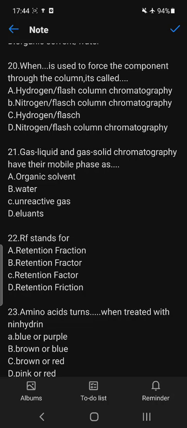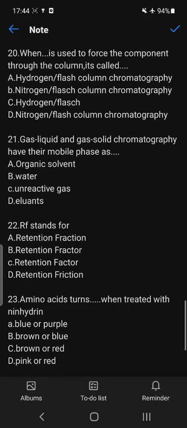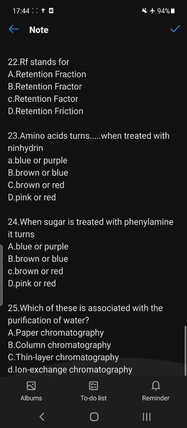RF stands for retention factor. That is option C. Now, what is retention factor? Retention factor can be defined as the ratio of the distance moved by the compound to the distance moved by the solvent front. That is how the question comes.